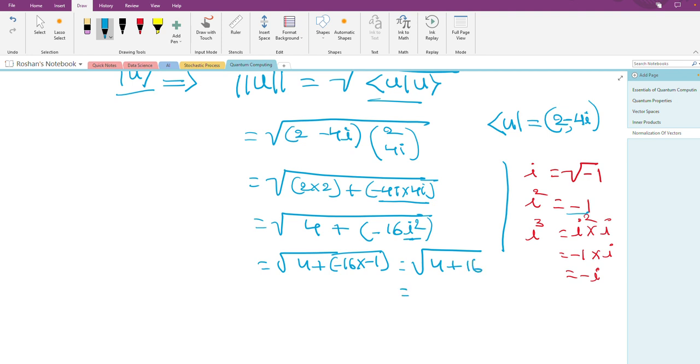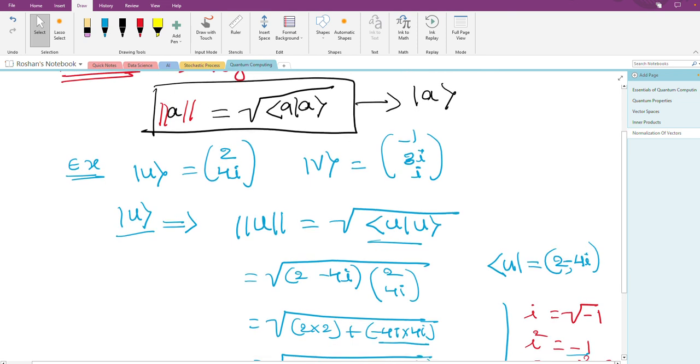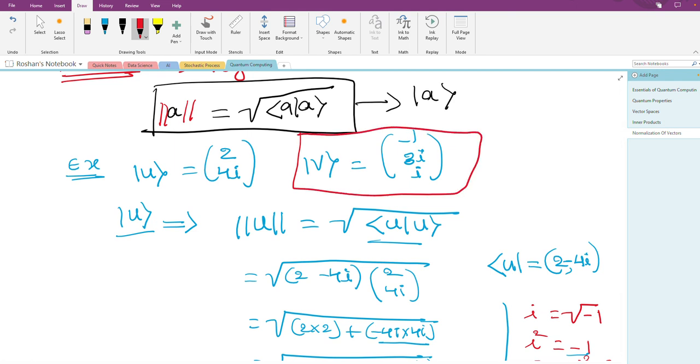What will be the answer? Root 20. That we can write as 2 root 5. Correct? Now, similarly, solve for vector v. Consider this as a homework problem. Solve this.